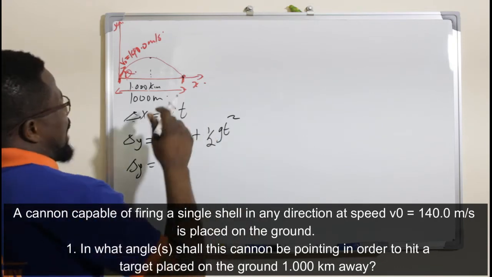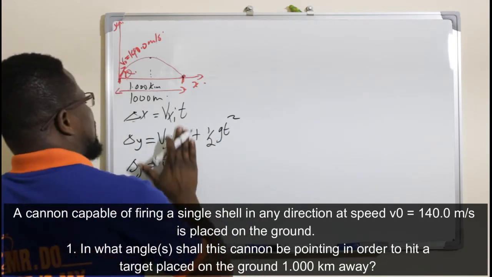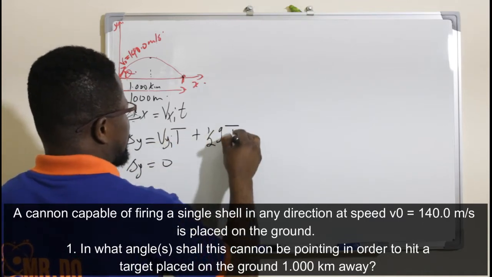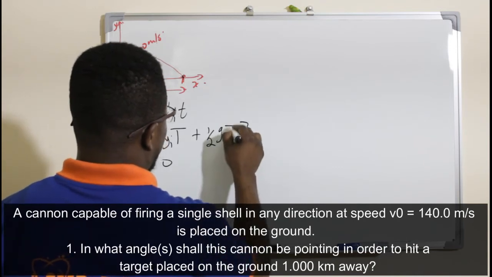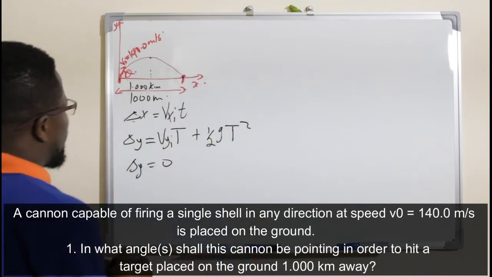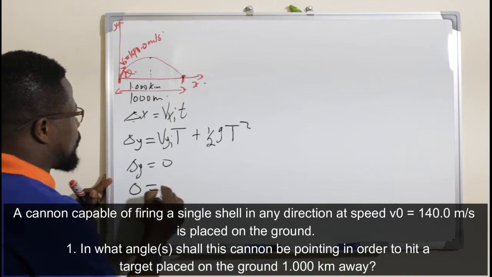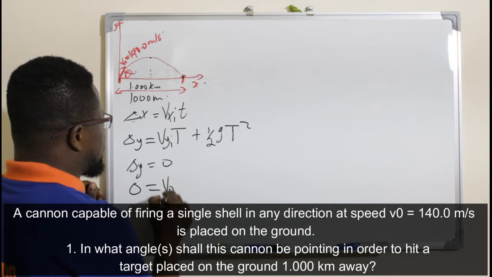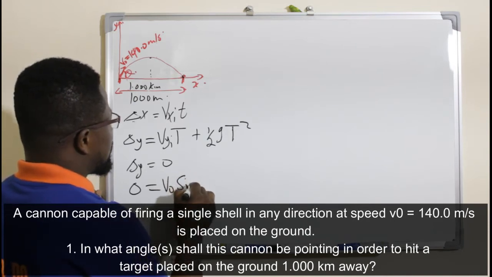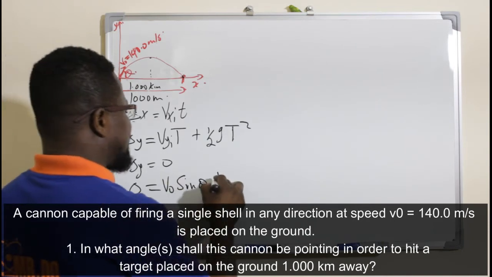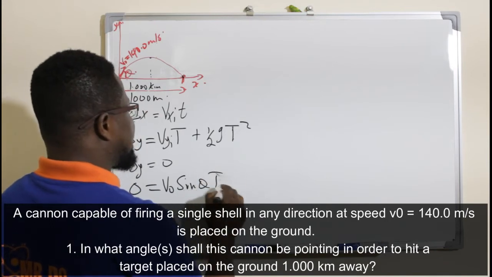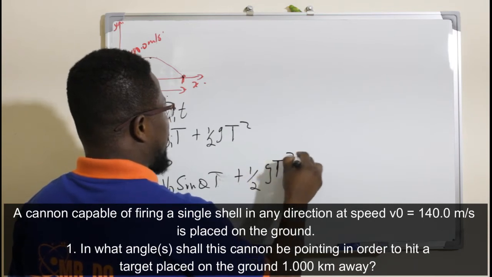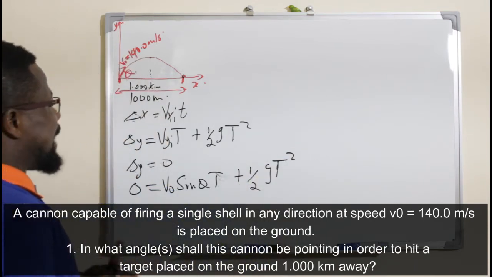And then I will solve for my t. I am going to make use of the total time, so let me make a capital T for that, and then solve for that value. So this is going to be 0 equals Vyi, which is V naught sine theta, multiplied by T plus half g T squared.